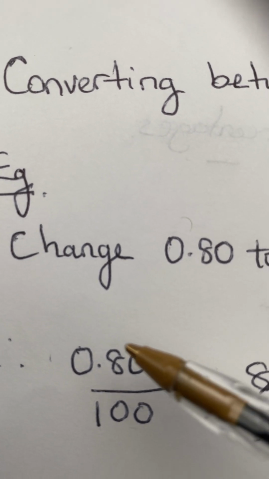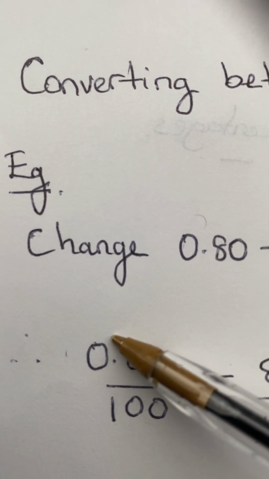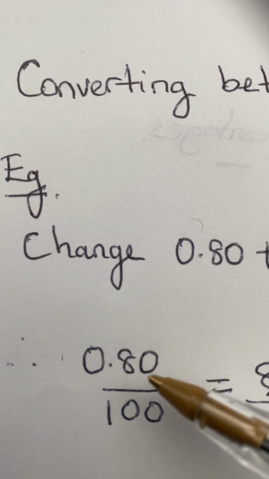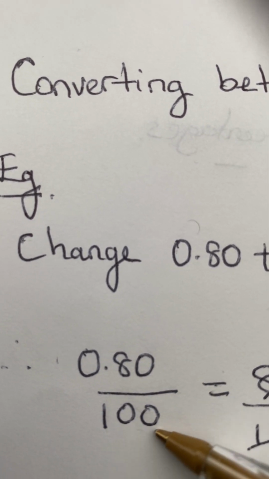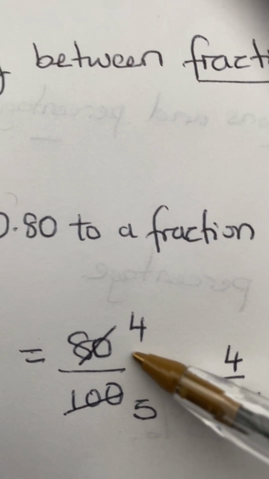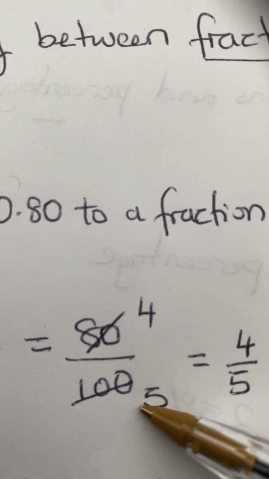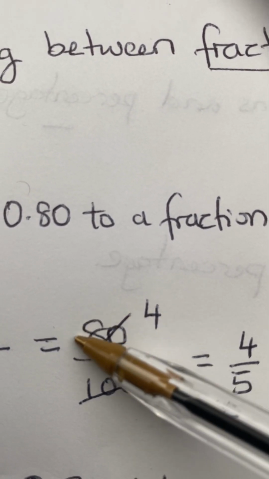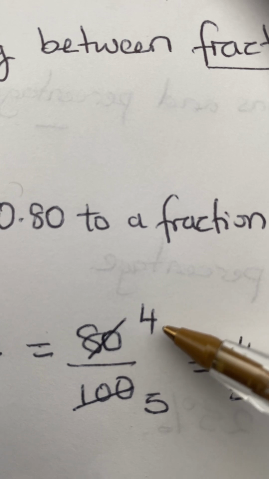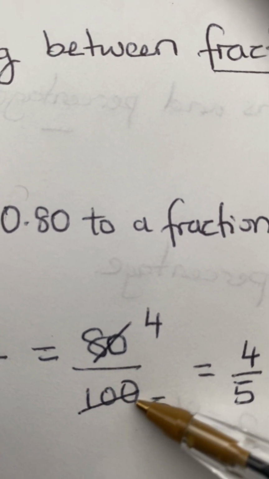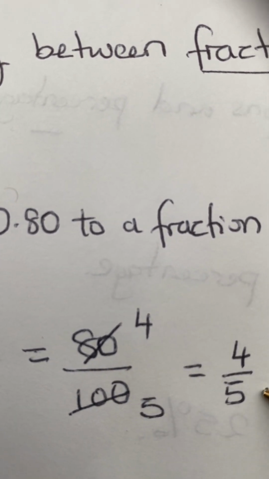So now here I have 80 over 100. How many 20s do I have in 80? 4. How many 20s do I have in 100? 5.